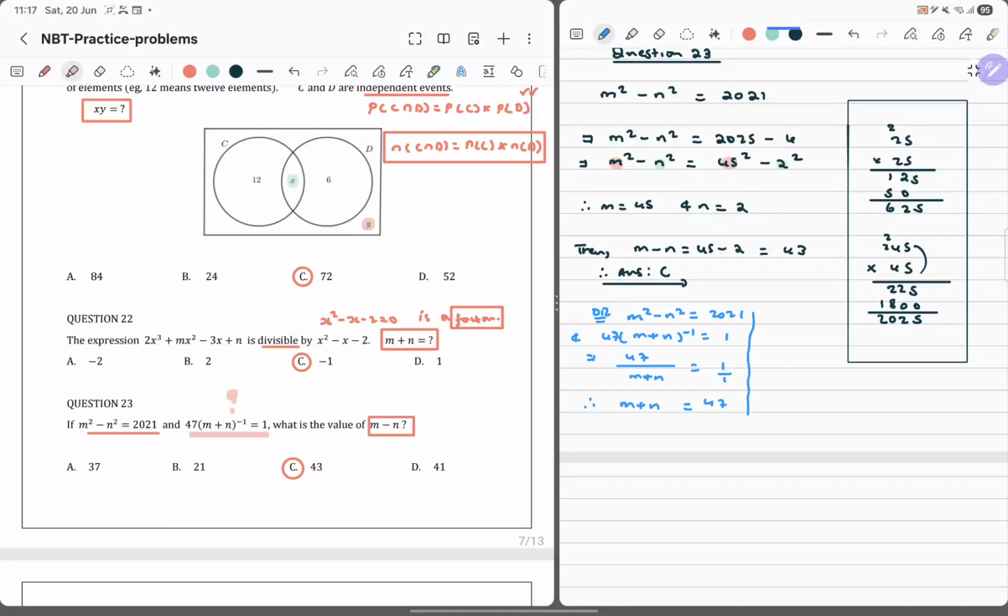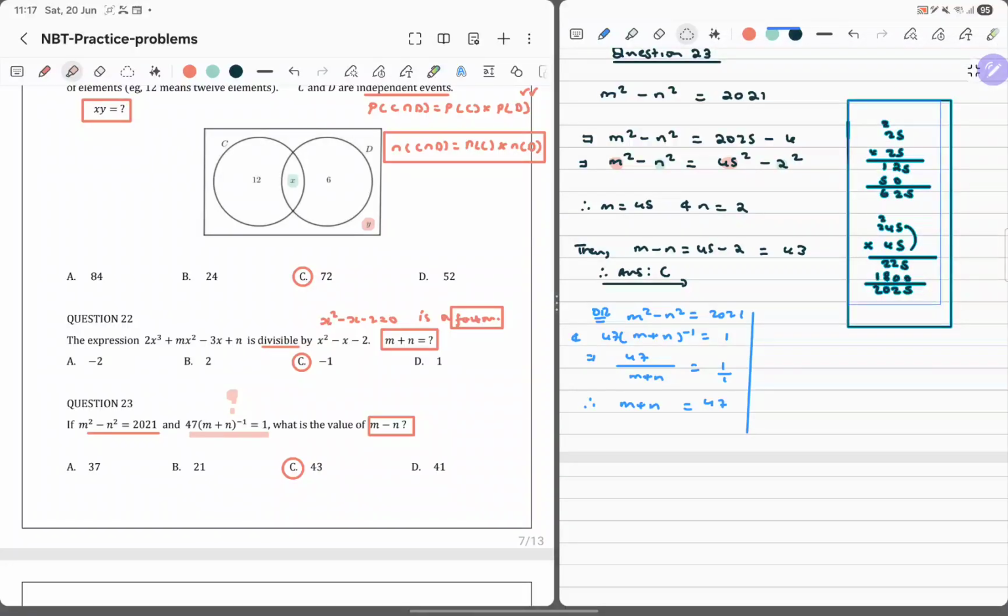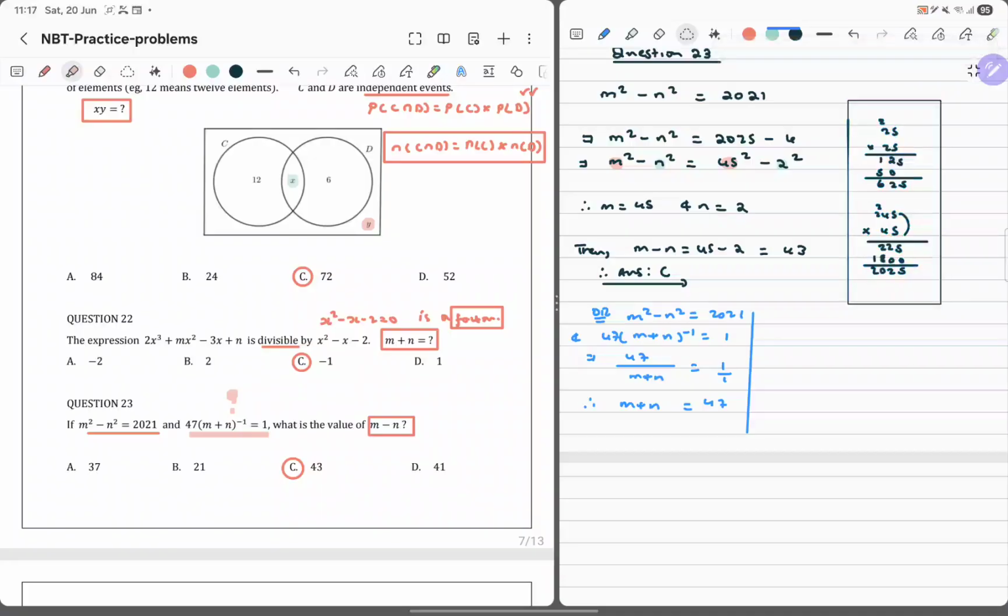Now, if we play a bit of a long game now, let's shrink this one away. Okay, so if we look at this expression, now we know that that was a difference of 2 squares. So we have m squared minus n squared equals 2021.